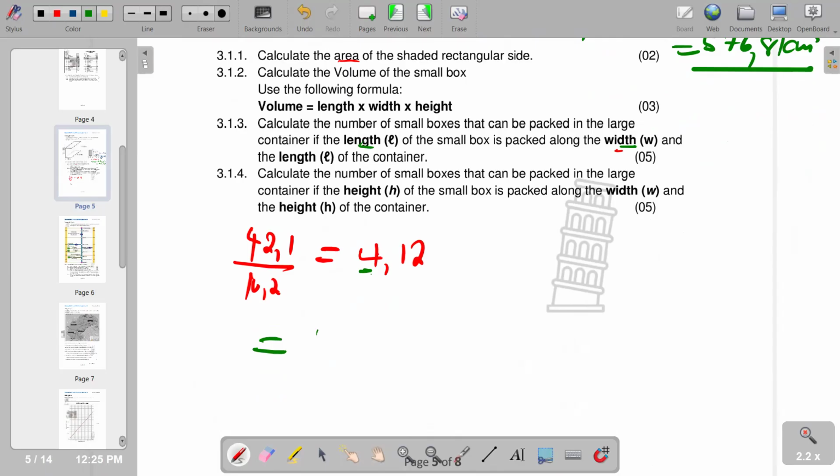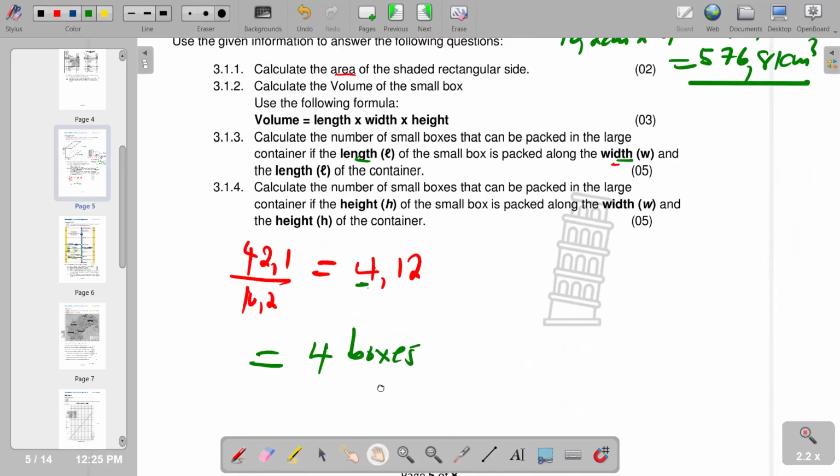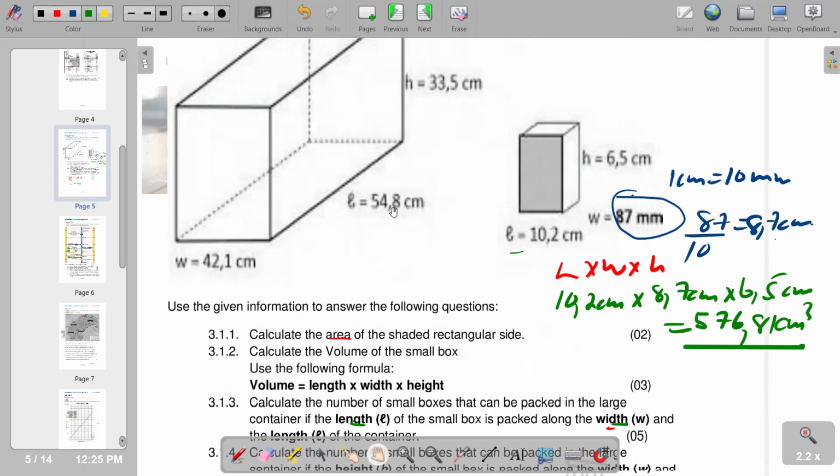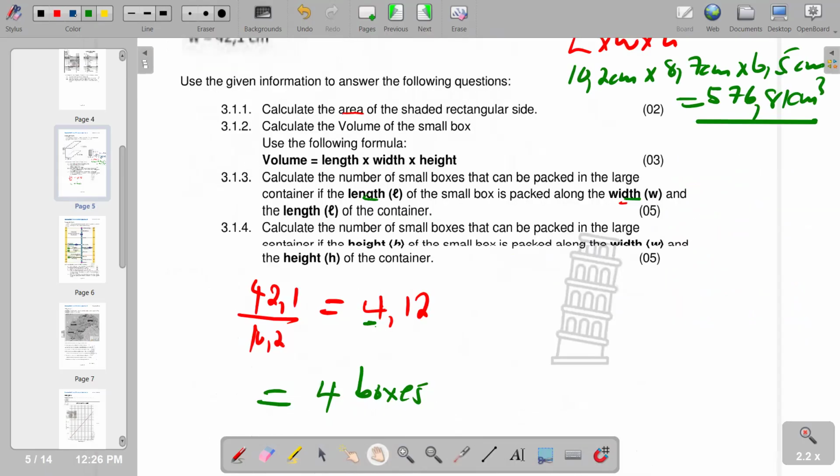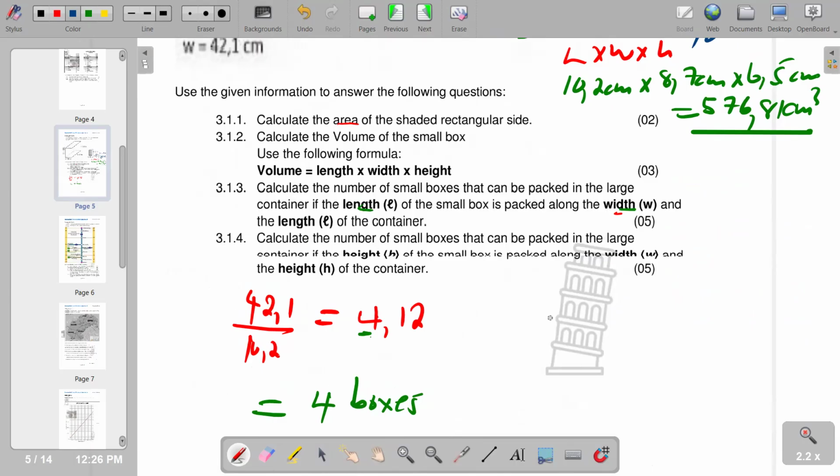And then on the second part, we have the length of the container as the numerator, and the length of the small box as the denominator. The length of the container we have as 54.8. We divide again by the length of the small box, which is 10.2.